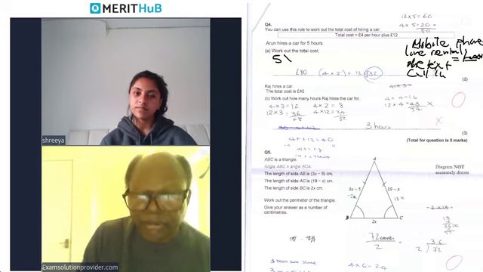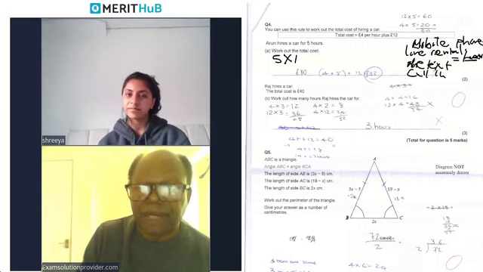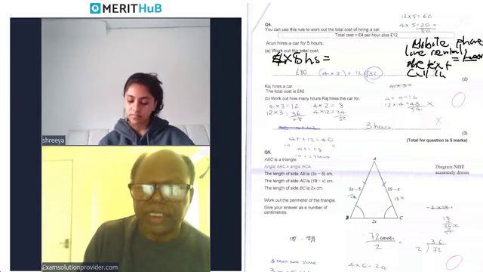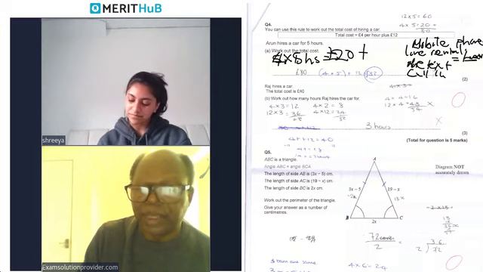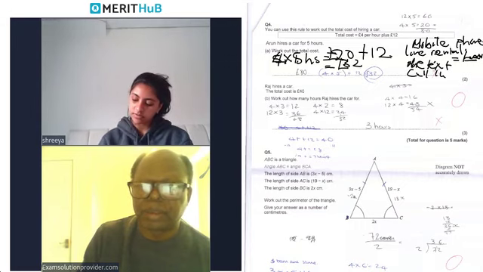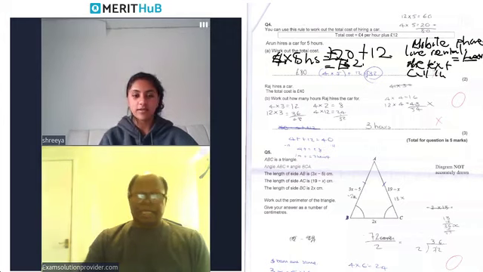So we need to have this here. 4 times 5 hours, which is 20 pounds. And then he's going to pay 20 plus 12, which gives you 32 pounds. So that's the idea behind it.